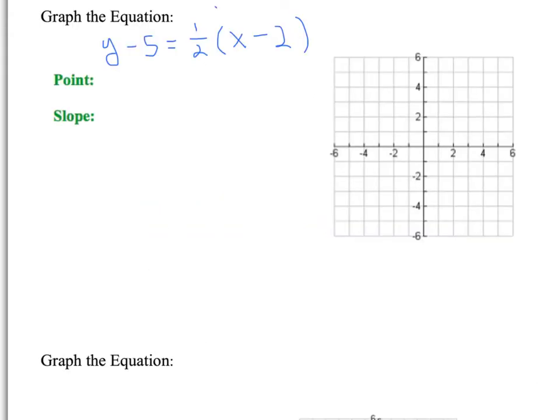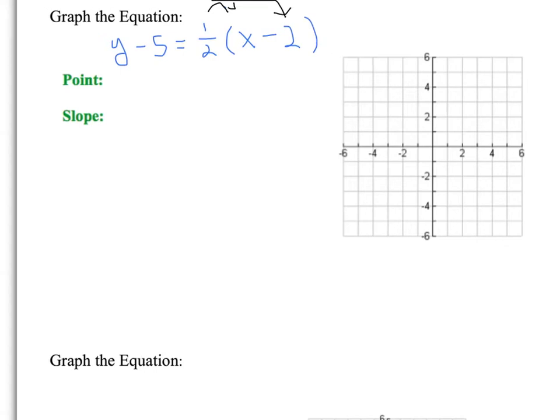Okay, so now the example gives you the equation in point-slope form, and we need to graph the equation. So we're going to rewrite it in slope-intercept form. First I'm going to distribute the 1/2 to x minus 2. So on the right side we're going to have 1/2 x minus 1, since 1/2 times 2 is 1.